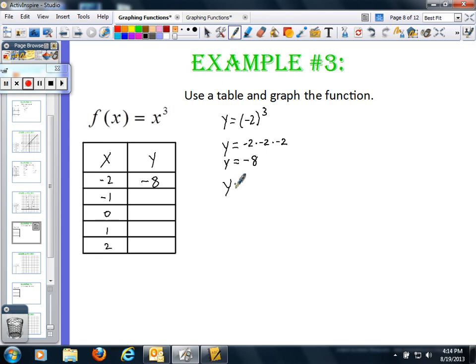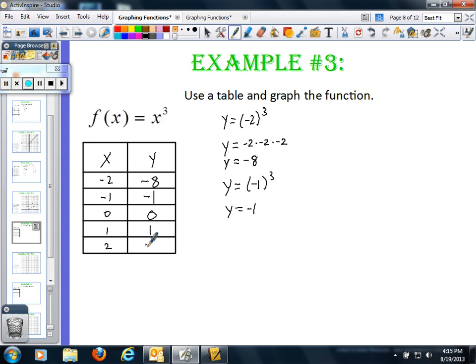Then we have y equals -1 to the third power. 1 to any power is always 1. So negative 1, if the exponent is even, means this is going to be positive 1. If the exponent is odd, then this will be negative 1. 0 to any power is still 0. 1 to the third power is going to be 1.